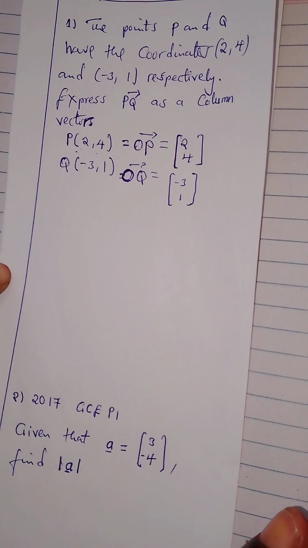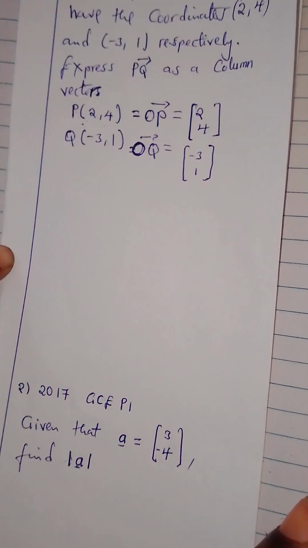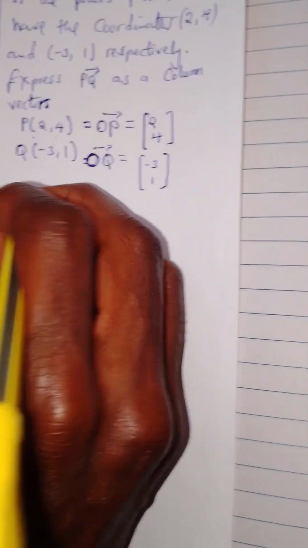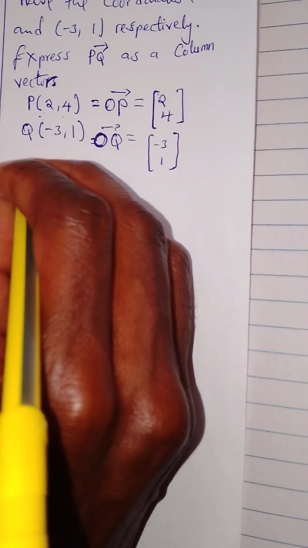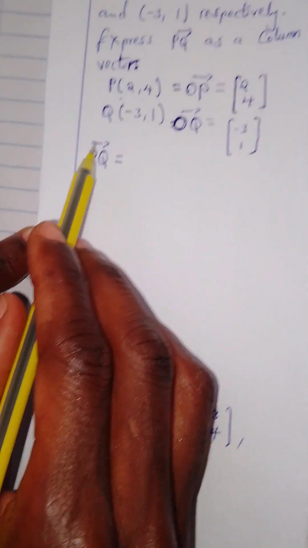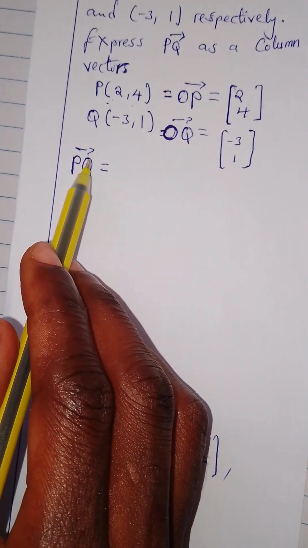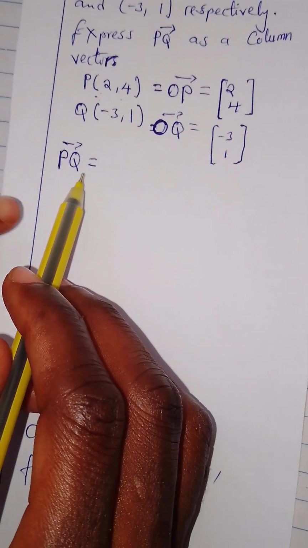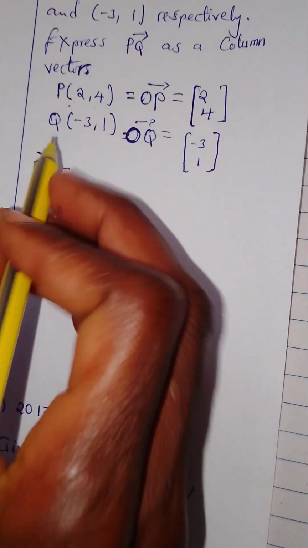Now we are asked to express vector PQ in column form. We can see that we have this arrow. Where is this arrow starting from?